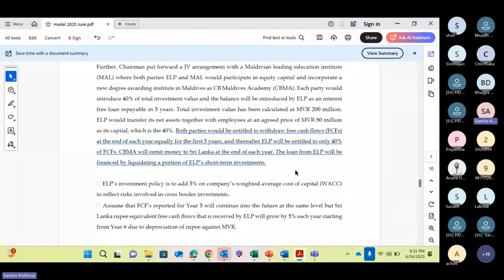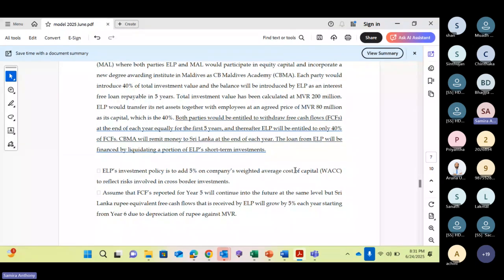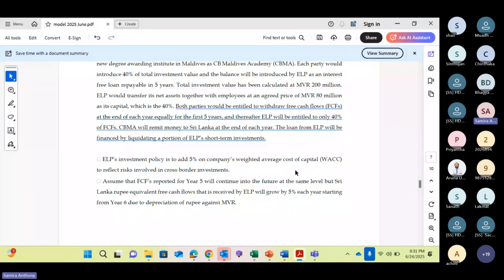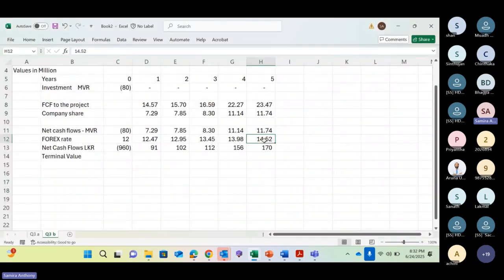ELP's investment policy is to assume the free cash flows reported for year 5 will continue into the future at the same level, but the Sri Lankan rupee equivalent free cash flows received by ELP will grow by 5% each year, starting from year 6 onward, right? That means there is no growth in the Maldivian rupee cash flow from the 5th year onward, but in the Sri Lankan rupee cash flow there is an increase because of the depreciation.